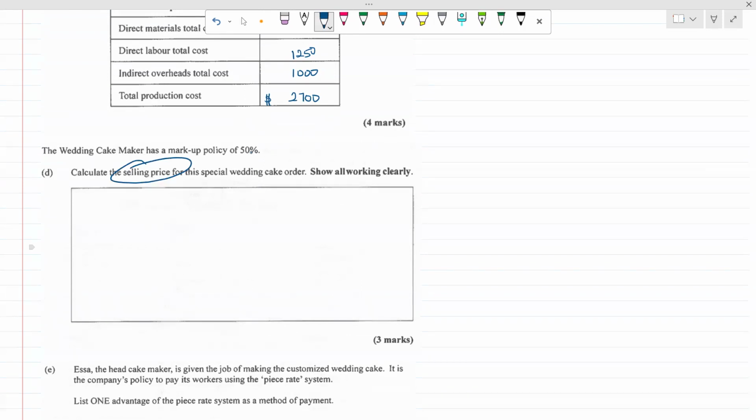So the selling price for this wedding cake order, the special order, will be $2,700 multiplied by 150% because you're marking it up by 50, right? So we're doing 2,700 by 1.5. So the total selling price for this cake will be $4,050. Right? This is all working here. This is the selling price.